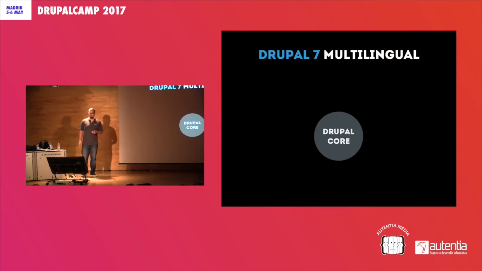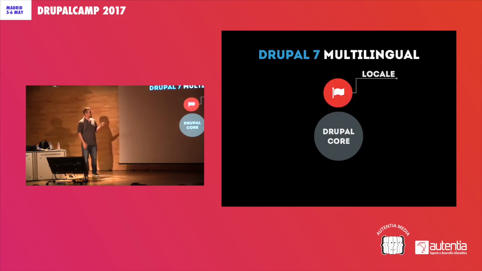So in Drupal 7, Drupal core was not really aware of languages. So we had Drupal core, and the Drupal core had the locale module, and the locale module provides you the ability to translate the interface of your site, and to have different languages.